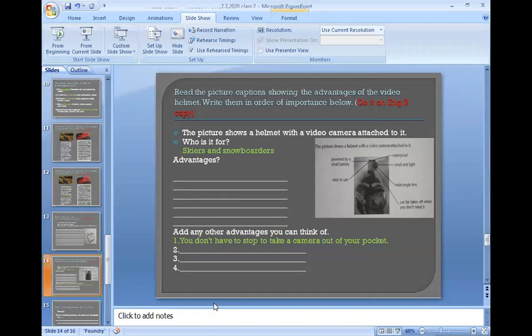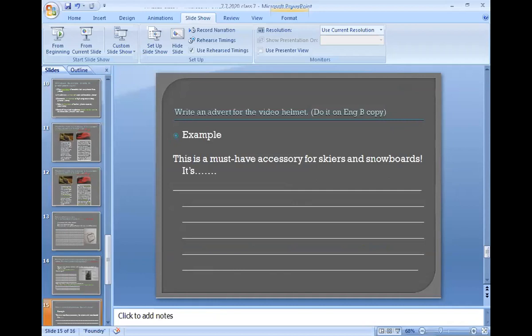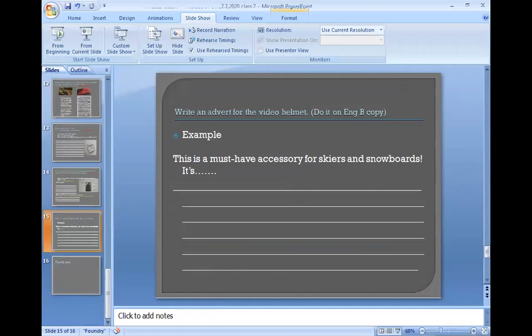The second, third, and fourth you will write on your own. The last thing, what is that? Write an advert for the video helmet. First, you are going to write the advantages, okay? Then you are going to write an advert for the video helmet. Do it on the English B copy.